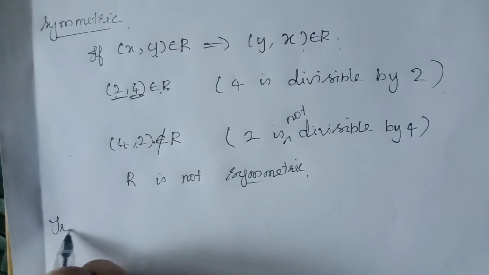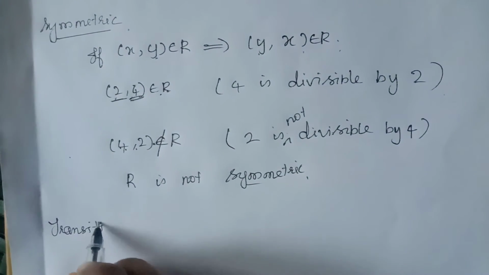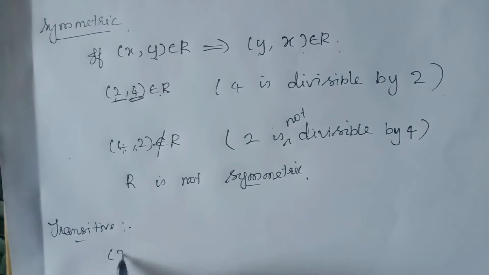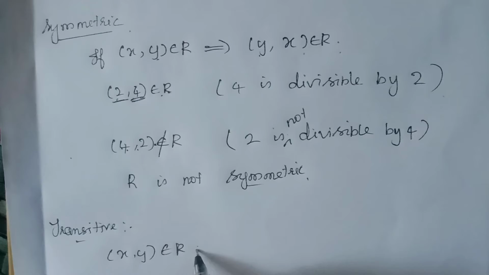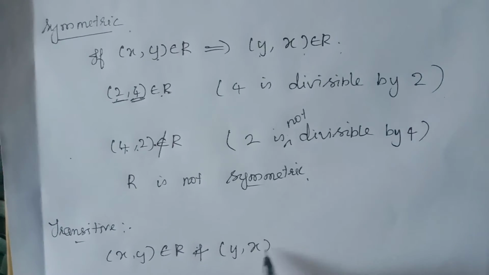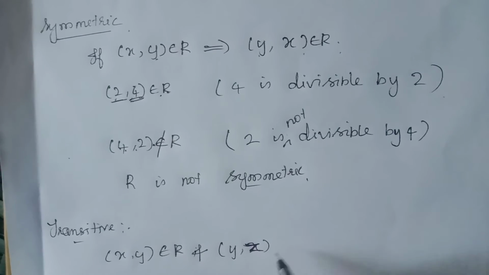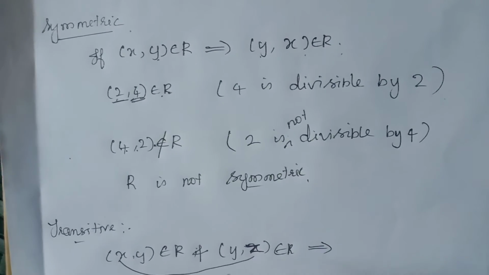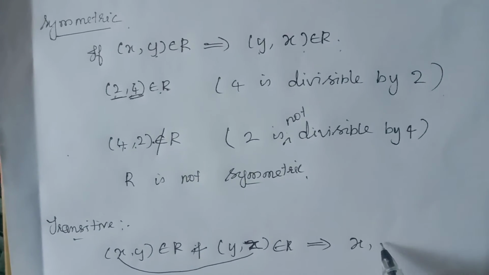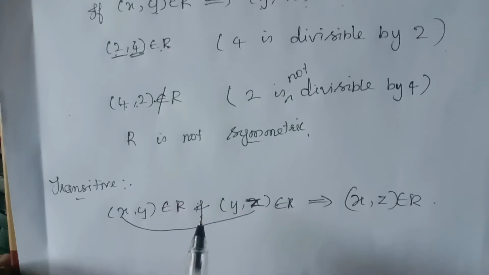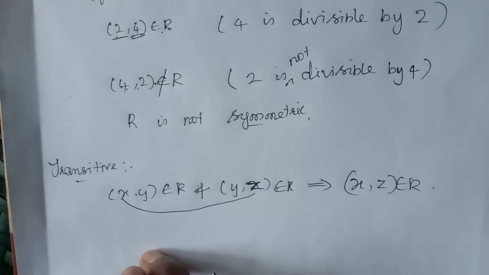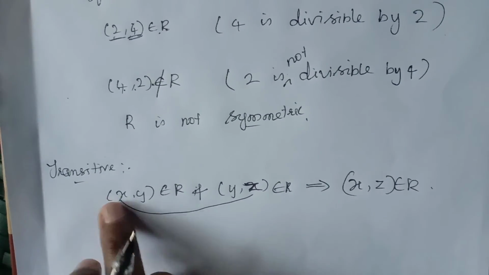Now we have to check the transitive condition. Transitive means if (x, y) belongs to R and (y, z) belongs to R, then we have to prove (x, z) belongs to R. If it is satisfied, then it is transitive.